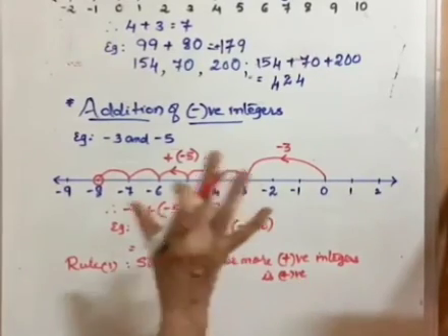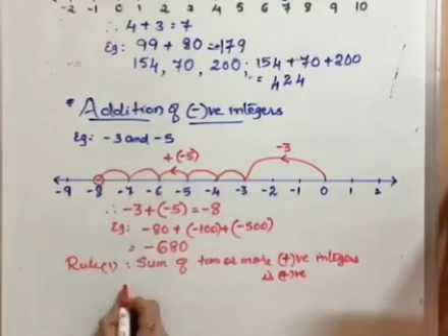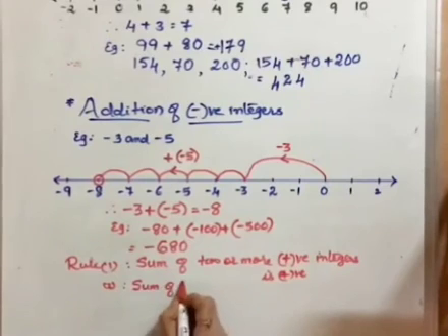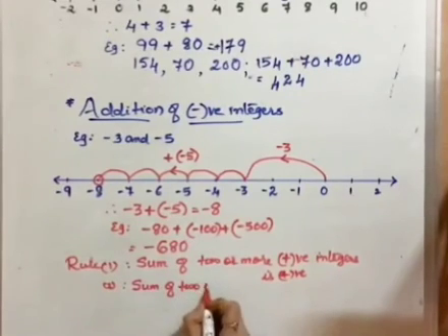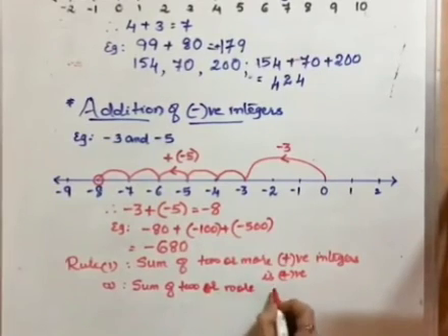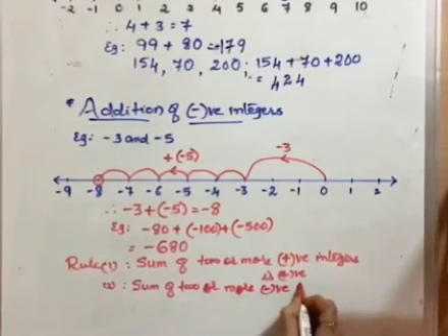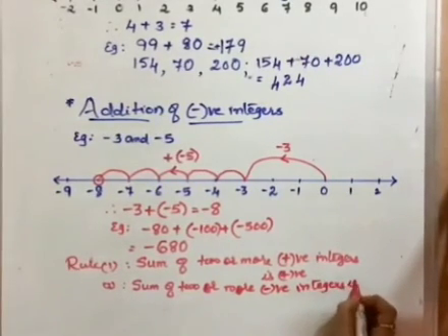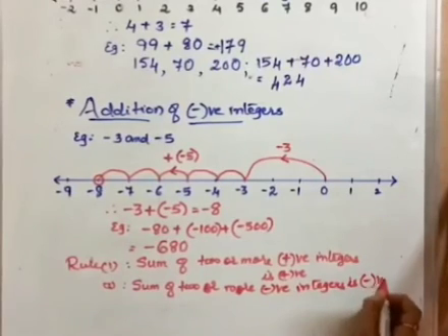So all have positive signs, we add. Rule 2: Sum of two or more negative integers is negative. Clear, children? These are the two rules.